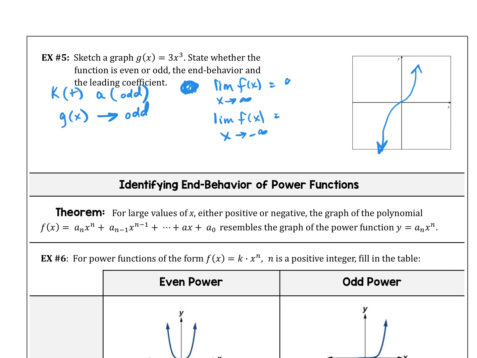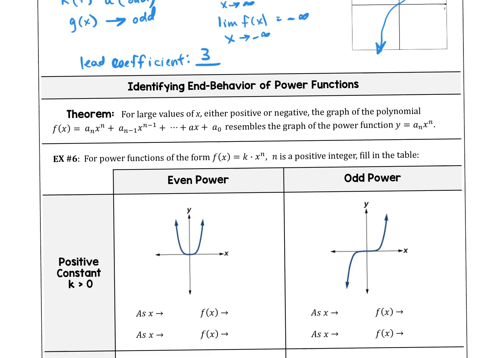It's going to positive infinity. As x goes to negative infinity, as x goes to the left, what is the function doing? Negative infinity. Okay, what's the lead coefficient? Guys, what's the leading coefficient here? 3, isn't it?